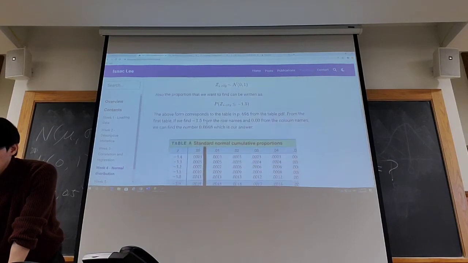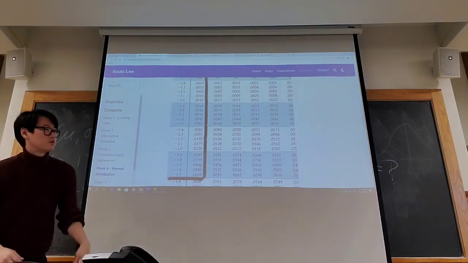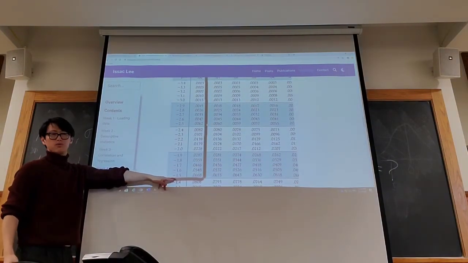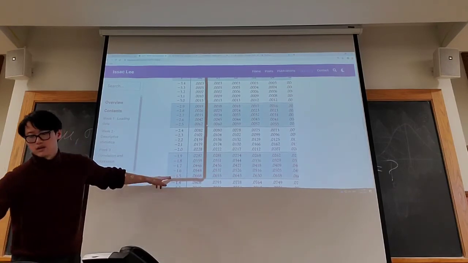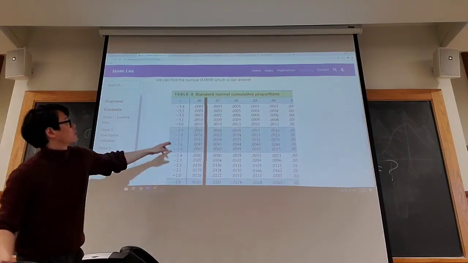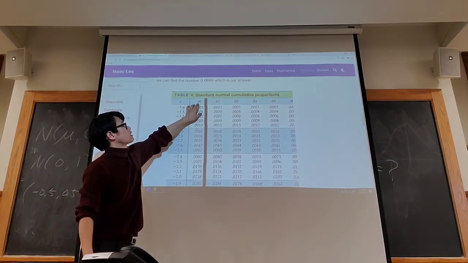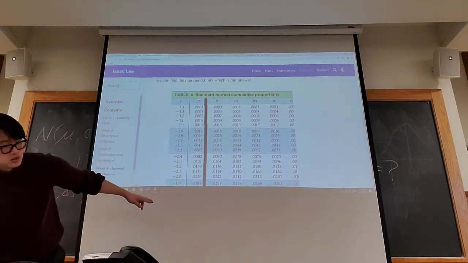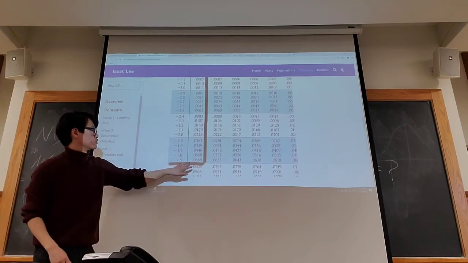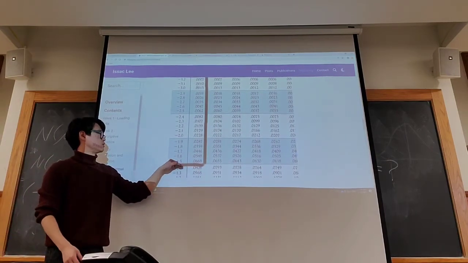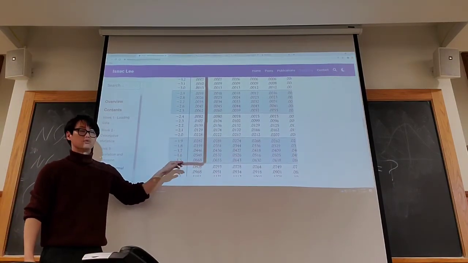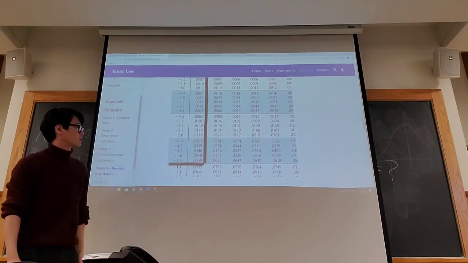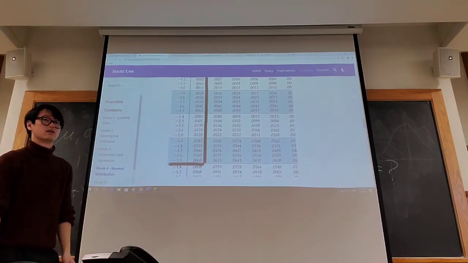So if you go to the table, first you want to find the negative 1.5 in the first column, and then the column corresponding to 0.00, and I will read the number there. I get 0.0668. Okay.